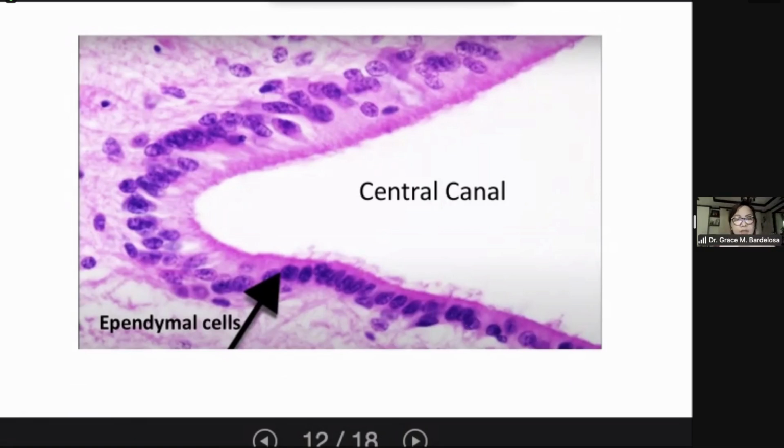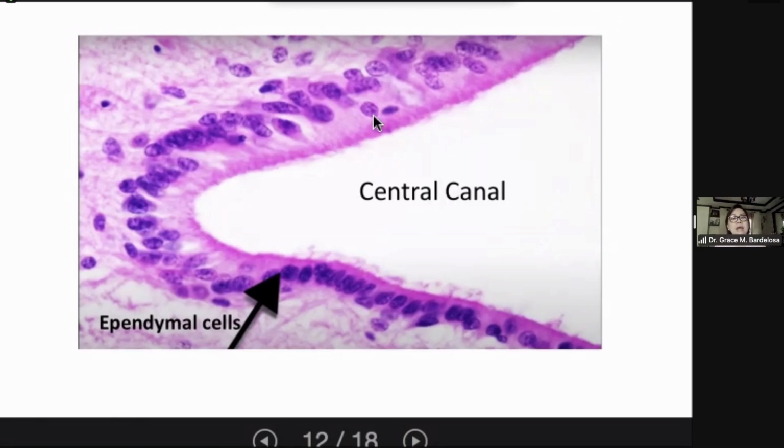Remember, there are 4 types of fundamental tissues, namely epithelial, connective, muscular, and nervous tissue. And ependymal cells are under nervous tissue. So what's the difference? You said, ma'am, it is lined with a single layer of cuboidal to columnar. Yes, it is. In fact, it contains cilia and microvilli, but it is not classified as epithelial tissue.